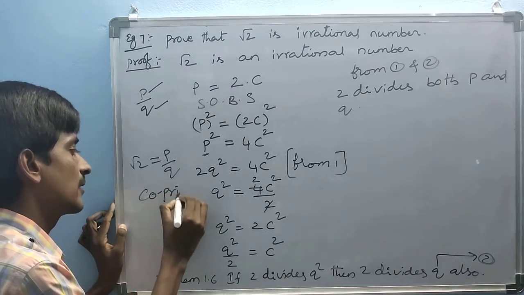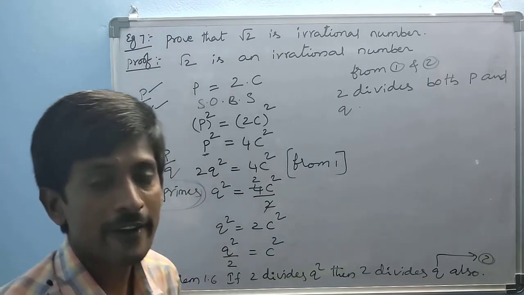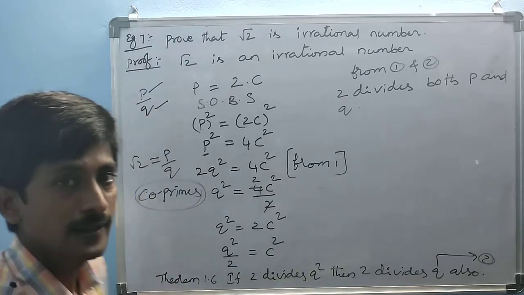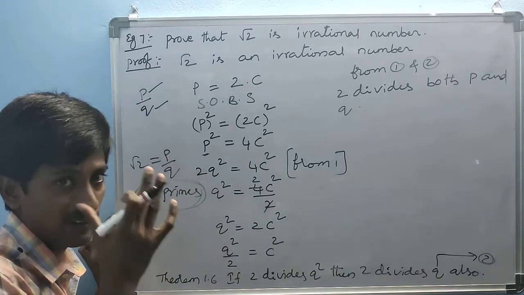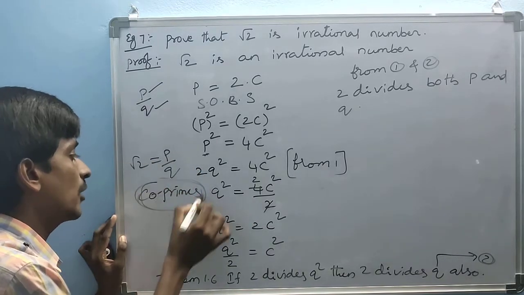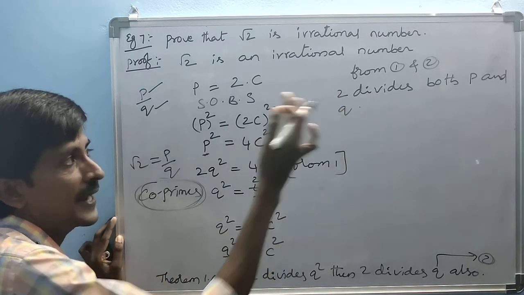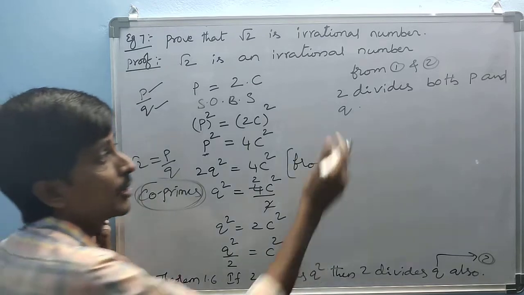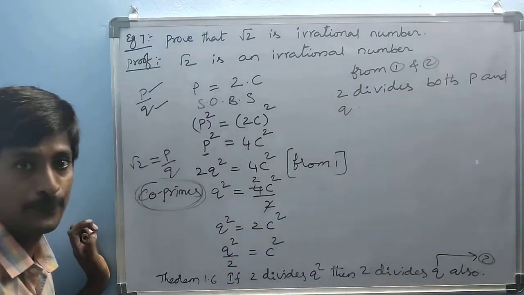What is the meaning of co-primes? There is no common factor. Every p by q form is converted into simplest form. Co-primes means there is no common factor to both p and q. But here 2 is a common factor to both p and q.